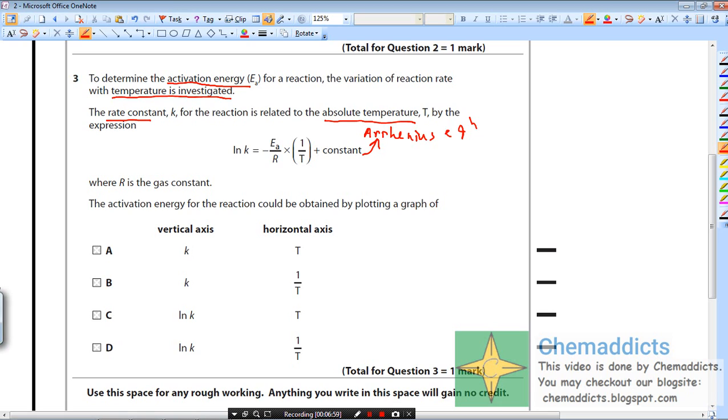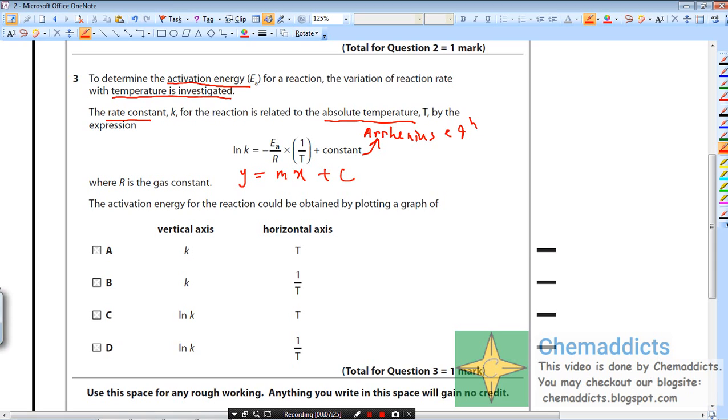At first, let us see that this equation is similar to another equation, the equation for a straight line, that is y equals mx plus c. If we compare this equation with a straight line, we will get something familiar.